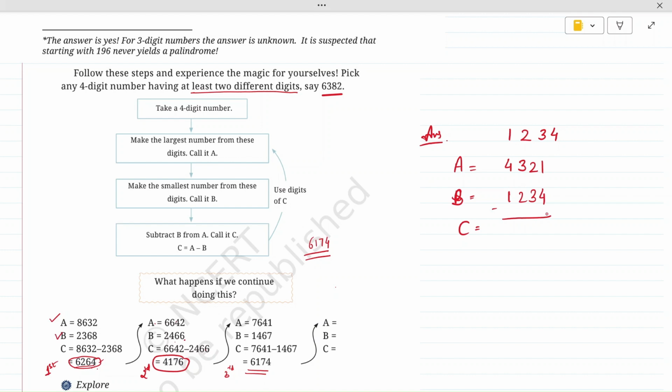This is 11 minus 4 is 7. Again, 11 minus 3 is 8. This is 0. 4 minus 1 is 3. So certainly this is not the Kaprekar constant 6174.